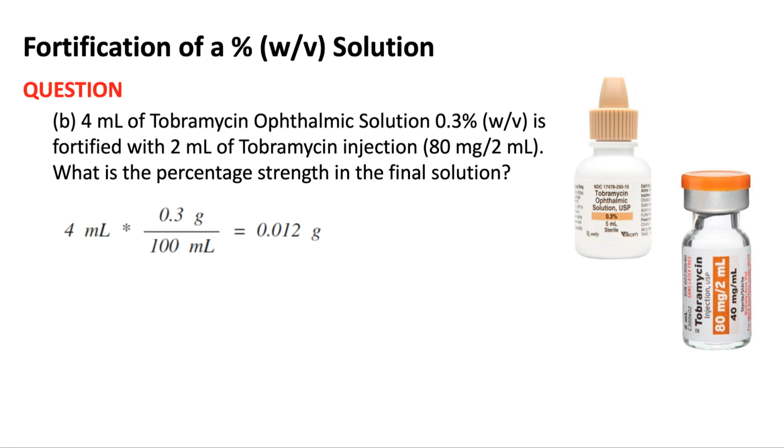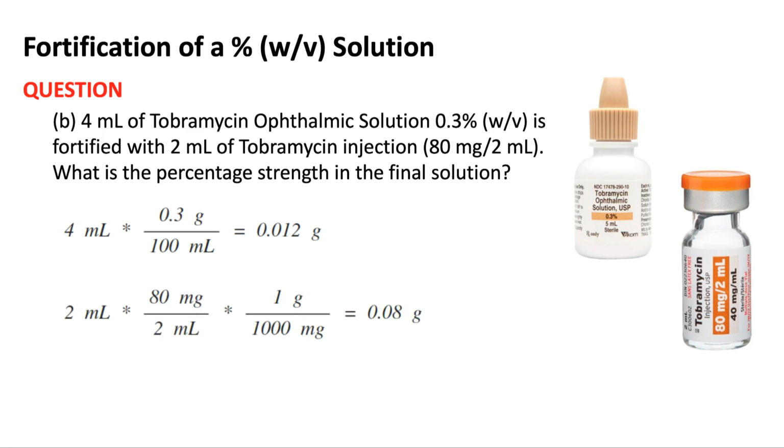Take 4 milliliters times the concentration of the tobramycin ophthalmic solution expressed as 0.3 grams over 100 milliliters. Milliliters cancel, and that would give me a numeric value of 0.012 grams. Okay, that's the amount of tobramycin I have from my ophthalmic solution.